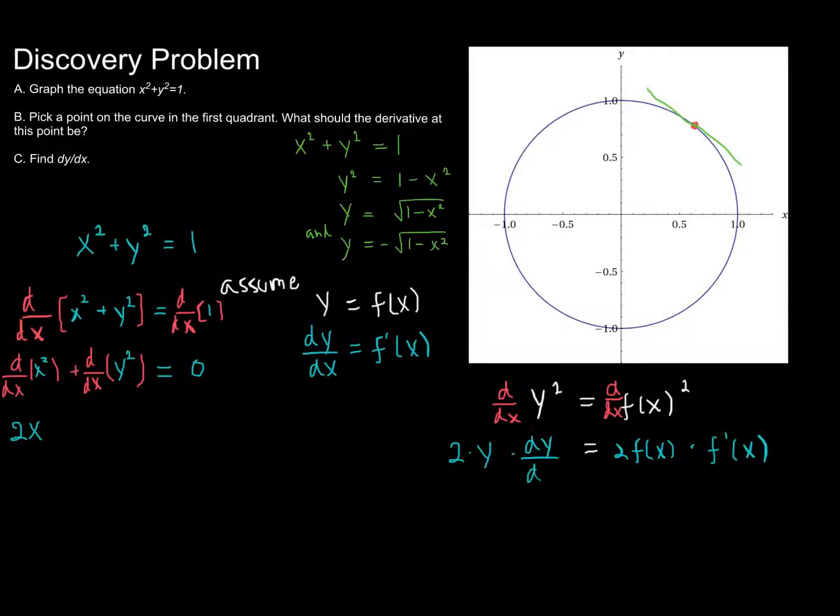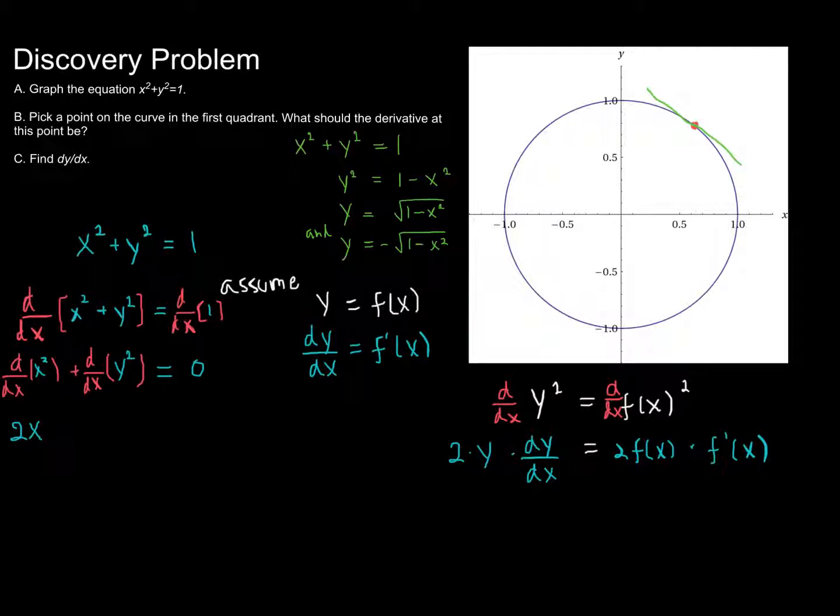with respect to x. All I've done is rewrite this right side where I'm thinking of y as this function of x. And that is what we're doing here. When we write y, we are thinking of it as a function of x. And so when we take the derivative of y squared, we have to use the chain rule because this y represents a function of x.